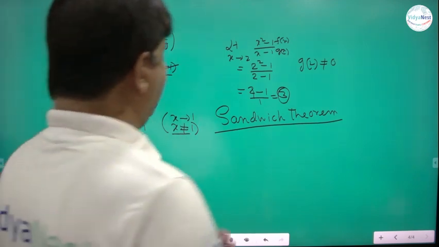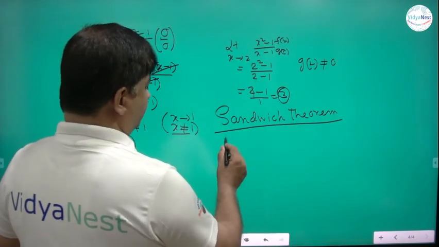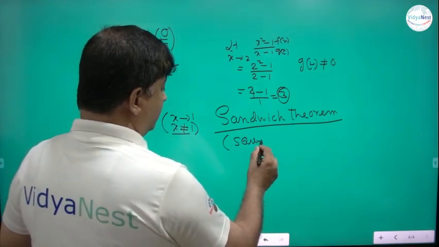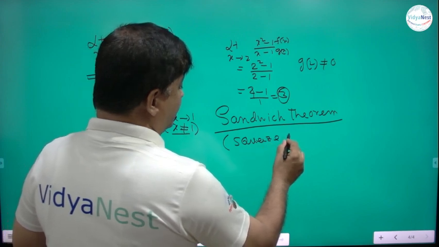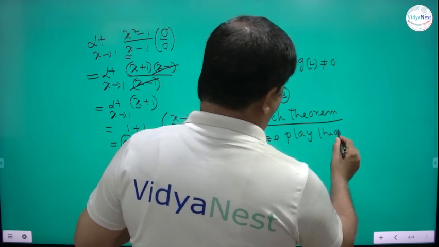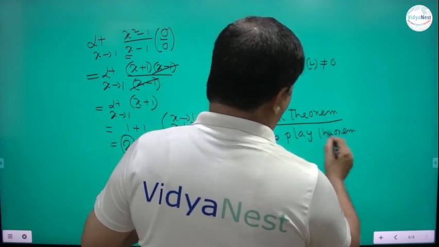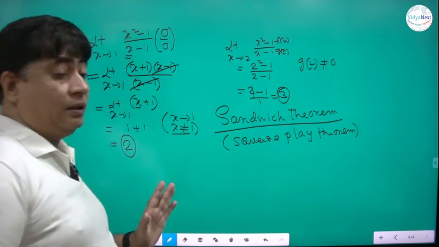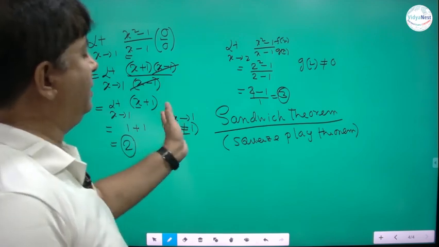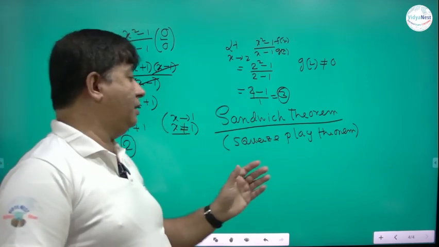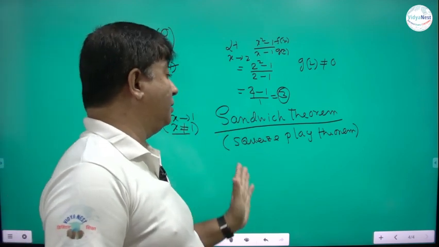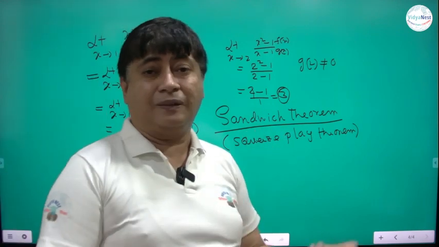And it has another name, squeeze theorem, or squeeze play theorem. What is that? See how it is, though it differs by spelling from the normal sandwich which you are eating.